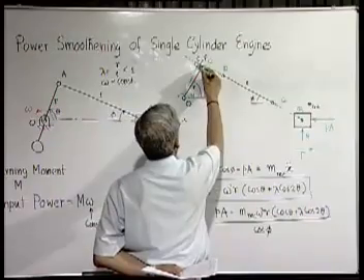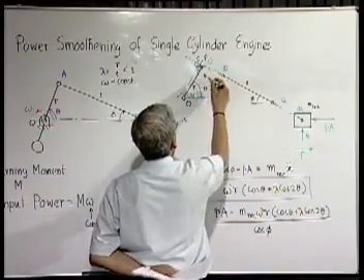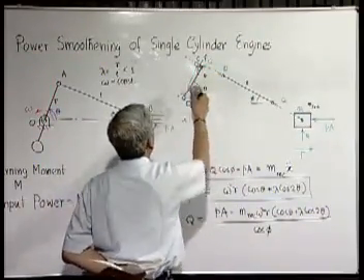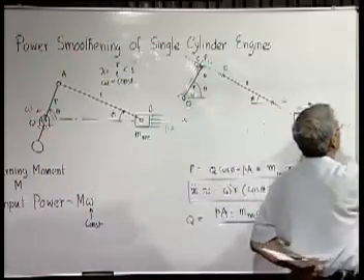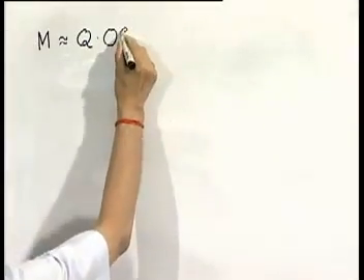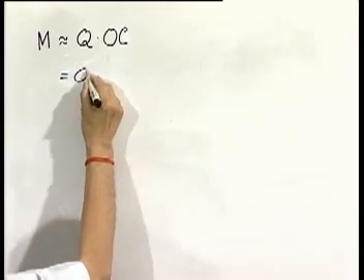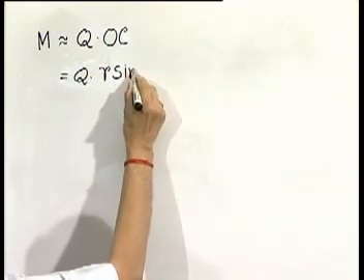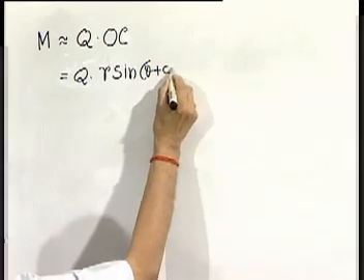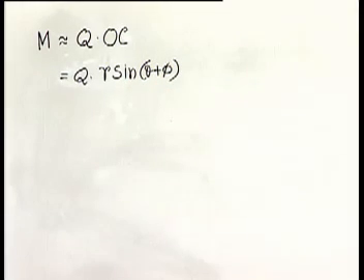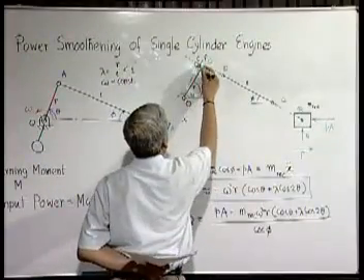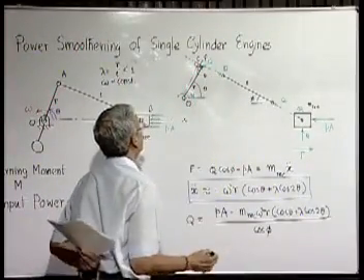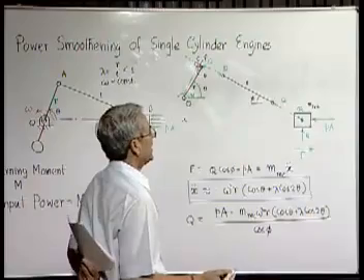So this total angle is theta plus phi, and this perpendicular distance OC is nothing but R sine theta plus phi from trigonometry.